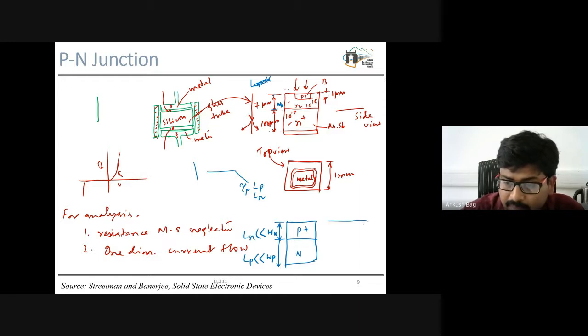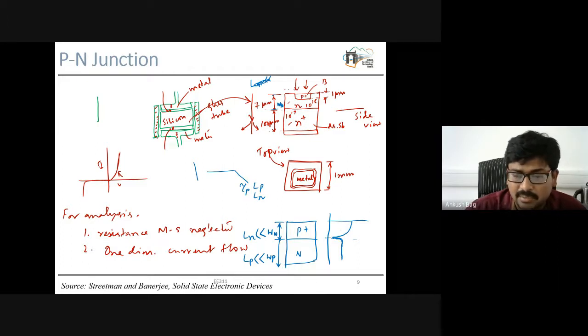The doping profile means the concentration variation. It will vary something like this. If you have any question, please let me know. This is the simple carrier concentration profile.